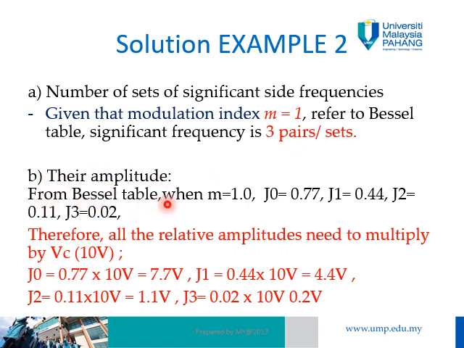From the Bessel table, when m equal to 1, J0 equal to 0.77, J1 equal to 0.44, J2 equal to 0.11, and J3 equal to 0.02. Therefore, all the relative amplitudes need to be multiplied by Vc. Vc is 10 volt. So we multiply, and we get J0 equal to 7.7, J1 4.4, J2 1.1, and J3 0.2 volt.